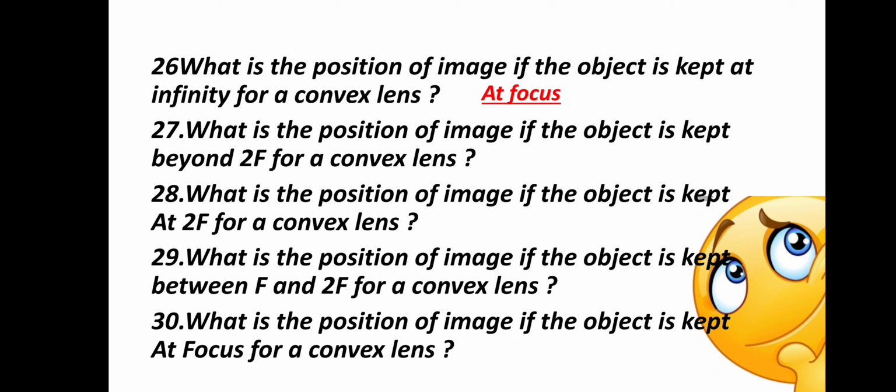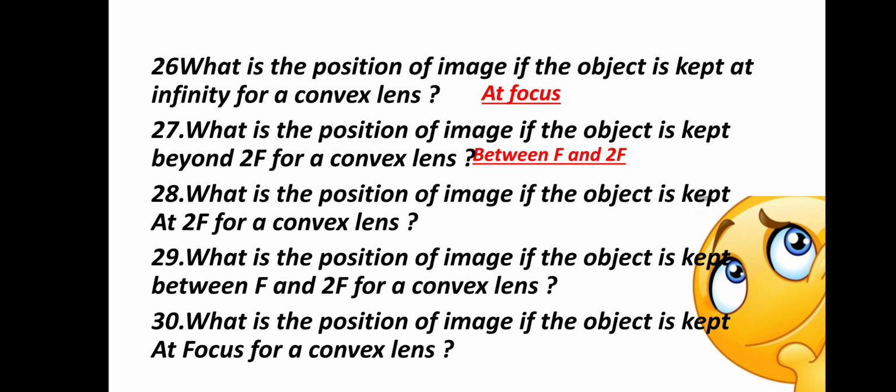What is the position of the image if the object is kept beyond 2f for a convex lens? The position of the image is between focus and 2f, and the image will be diminished, real and inverted.